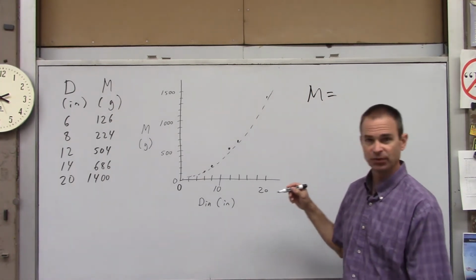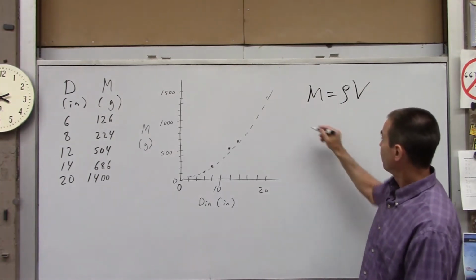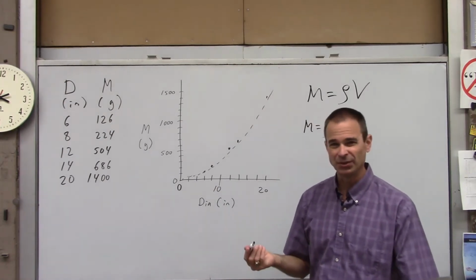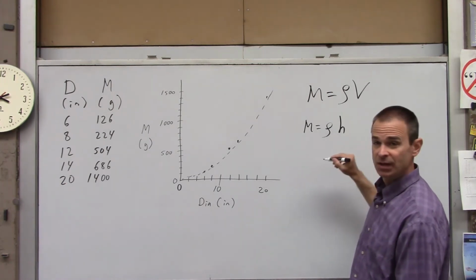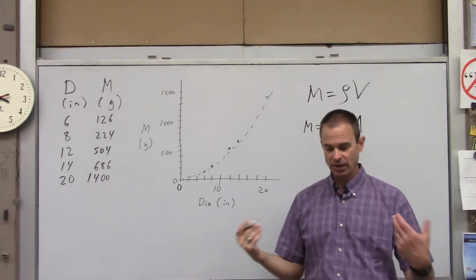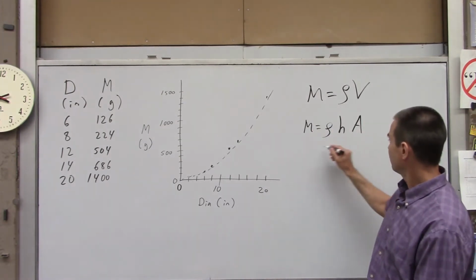In physics, for density we use a little rho. So the mass is equal to rho times the volume. Well, what's the volume of a pizza? It's a cylinder, so it is the height of the pizza times the area of the pizza.